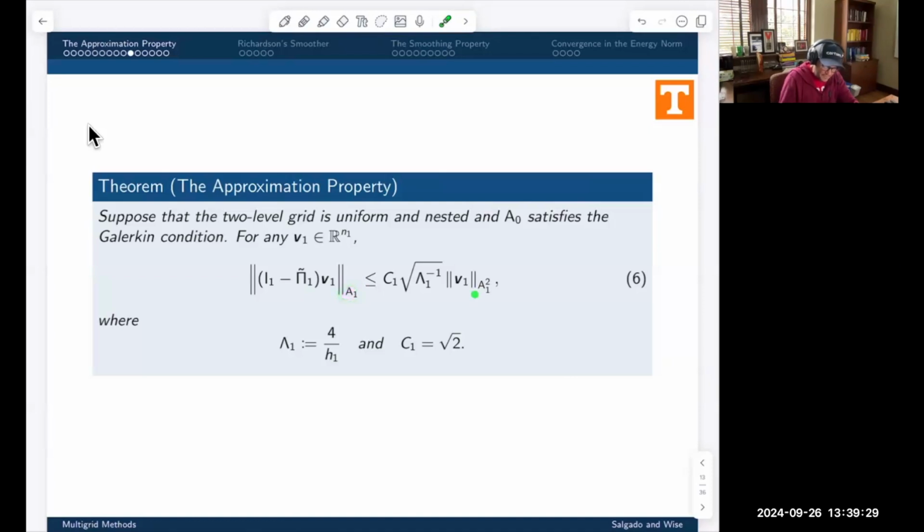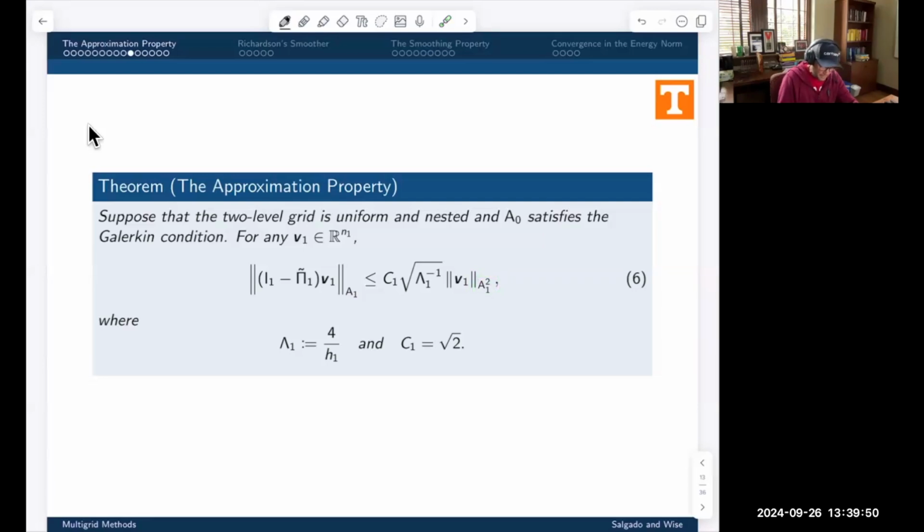And this is what we sometimes call the double energy norm or the squared energy norm. If you know a little bit about Sobolev spaces, then you'll know that this A1 represents the H1 Sobolev norm, and this A1 squared represents the H2 Sobolev norm.